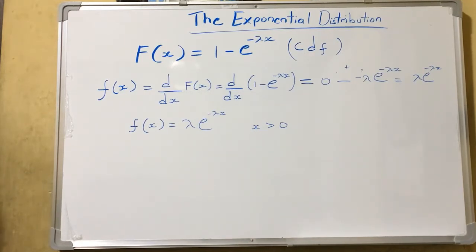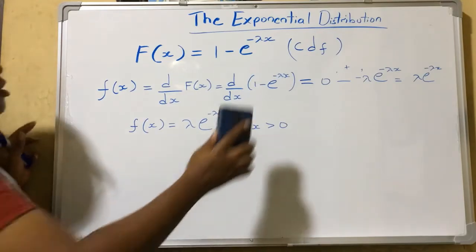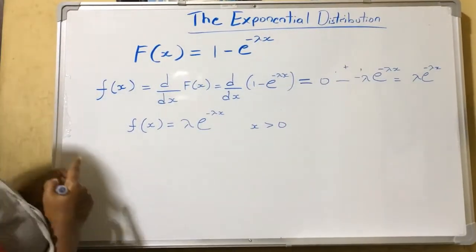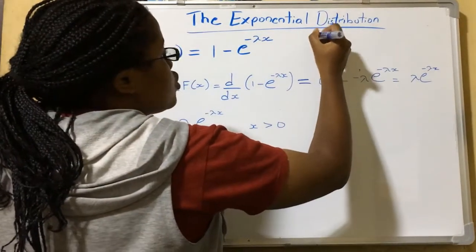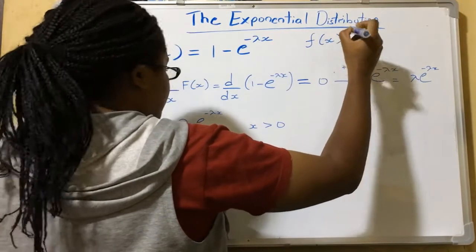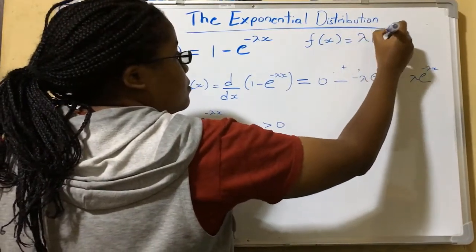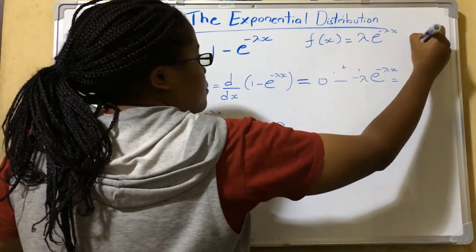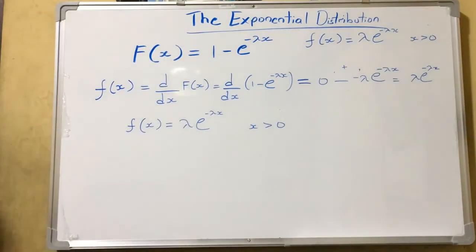So that's how we get our probability density function from the distribution function of the exponential distribution. Now that we have the PDF alongside the CDF, let's look at another thing that we require from the exponential distribution, which is the mean.